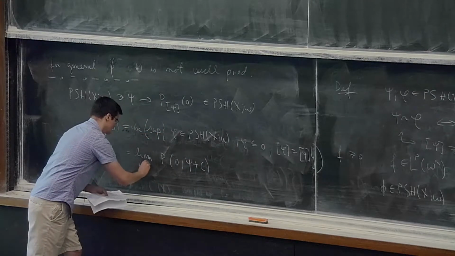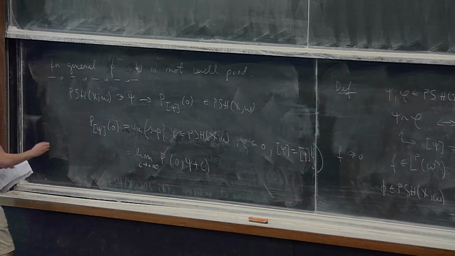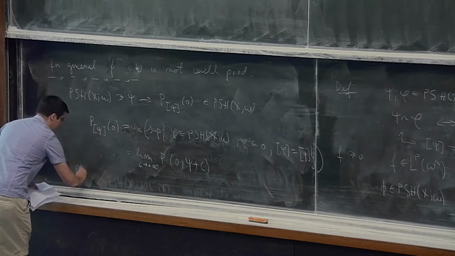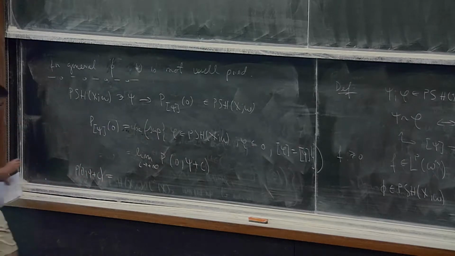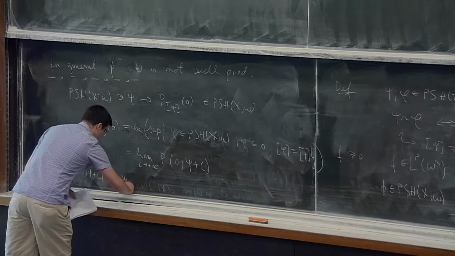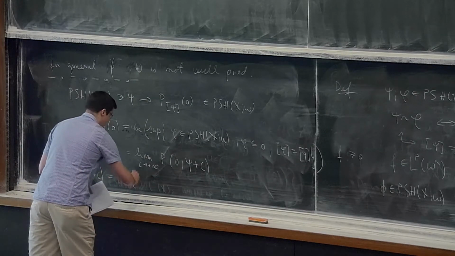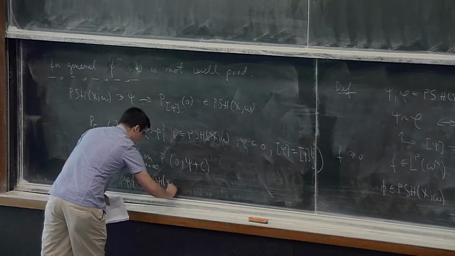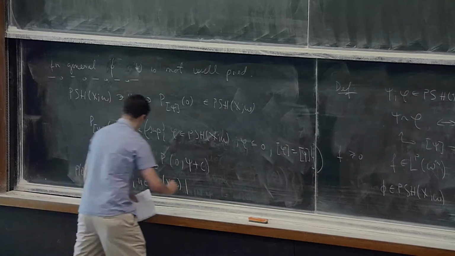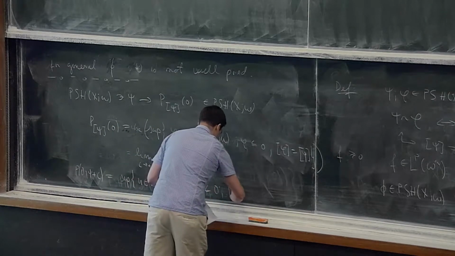And then C goes to infinity, where this is the supremum of all, again, plurisubharmonic functions such that u is less than 0 and u is also less than psi plus C.